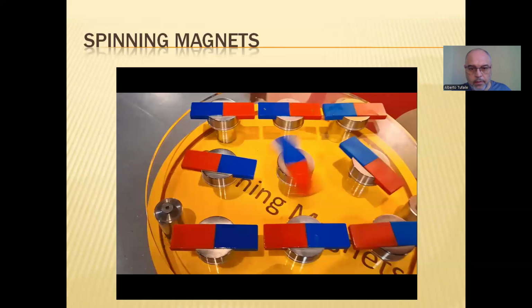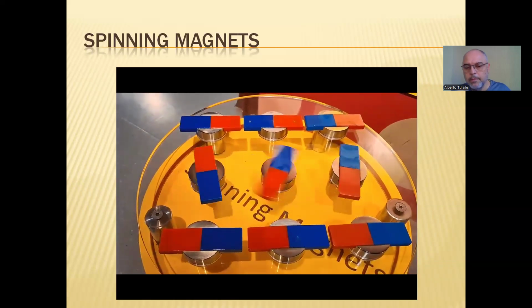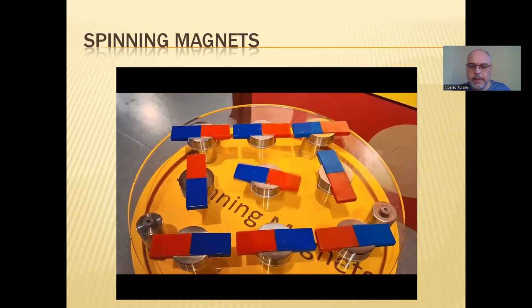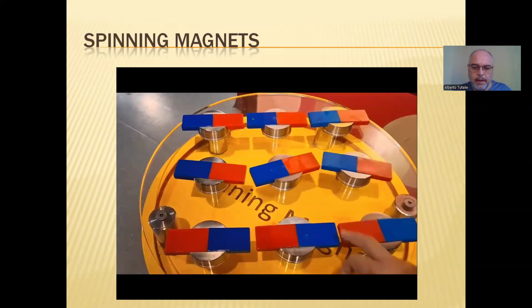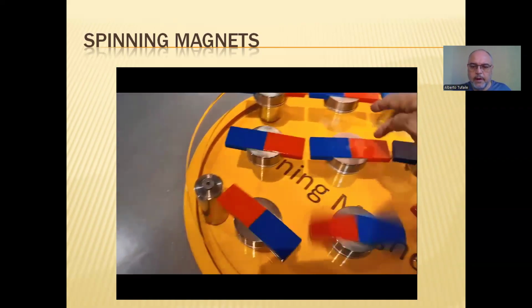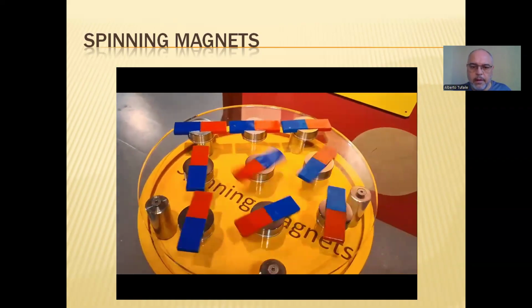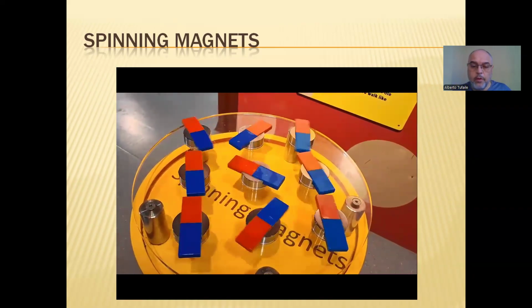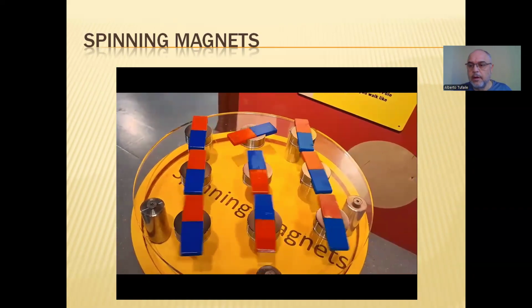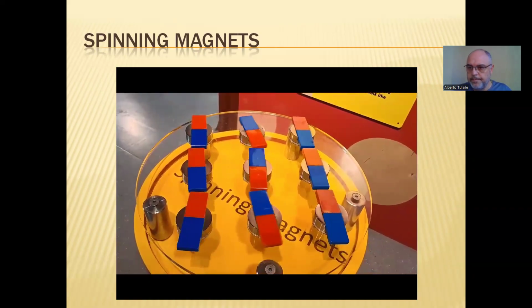Let me show you here spinning magnets. So here you see it is one state. Now let me disturb the central part of these systems, and you see another state.